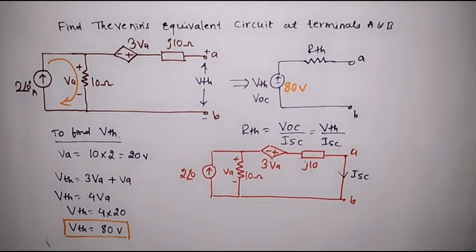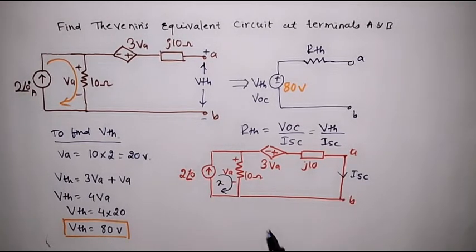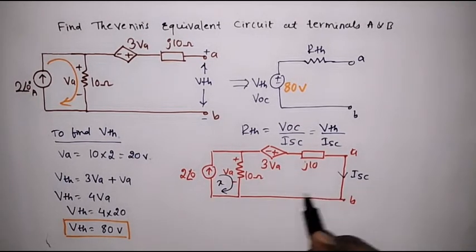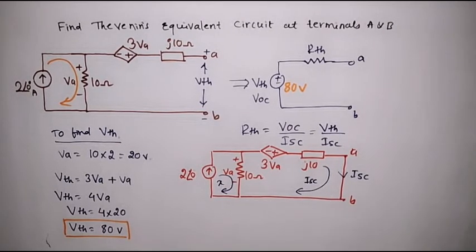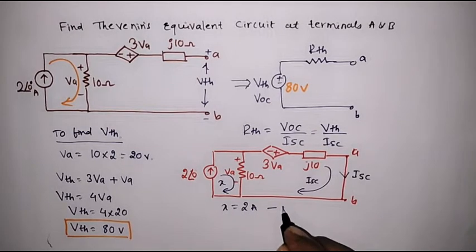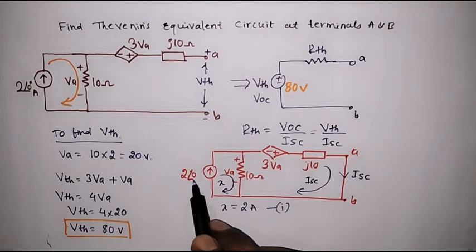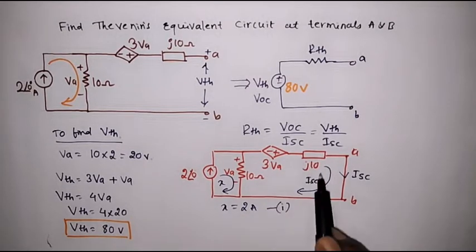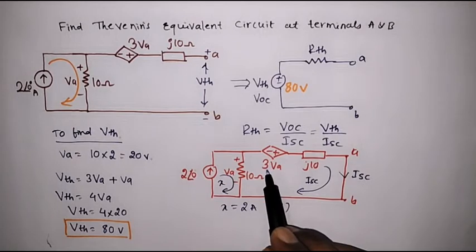Here we can observe that the current in this loop is X, and in this loop the current ISC is flowing. So now I can say X is equal to 2 amps, because in this loop current X is flowing. Now I'll apply KVL to this loop. I'll start from 3VA.